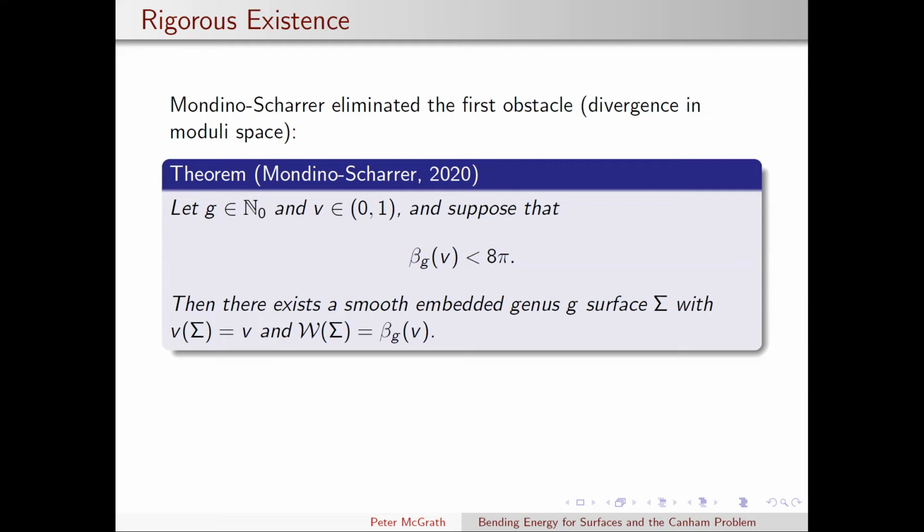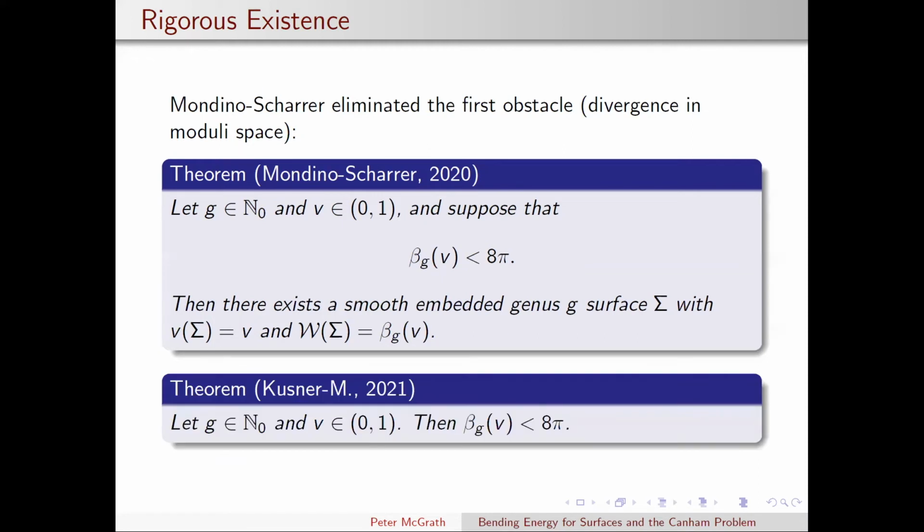So they proved basically this other inequality that I wrote up with the pairs of handles drifting off. And so they reduced it to just proving that beta_G of V is strictly less than 8 pi, which is the second possible problem that I mentioned. And this is what my collaborator and I did. So we proved that always, for every G and for every V, beta_G of V is strictly less than 8 pi.